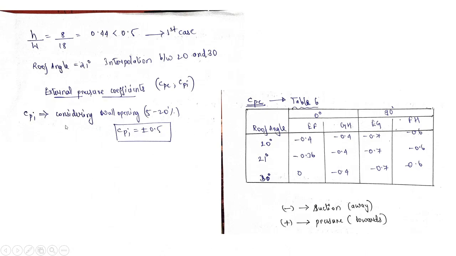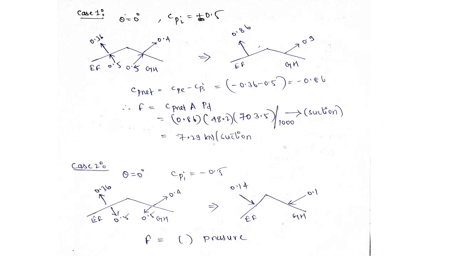There are three cases considering wall openings: the first is 0 to 5%, the second is 5 to 20%, and the third is above 20%. Since it's an industrial building, we will consider 5 to 20% for everyone, so that CPI is plus or minus 0.5. So with the help of this, we'll get four cases.